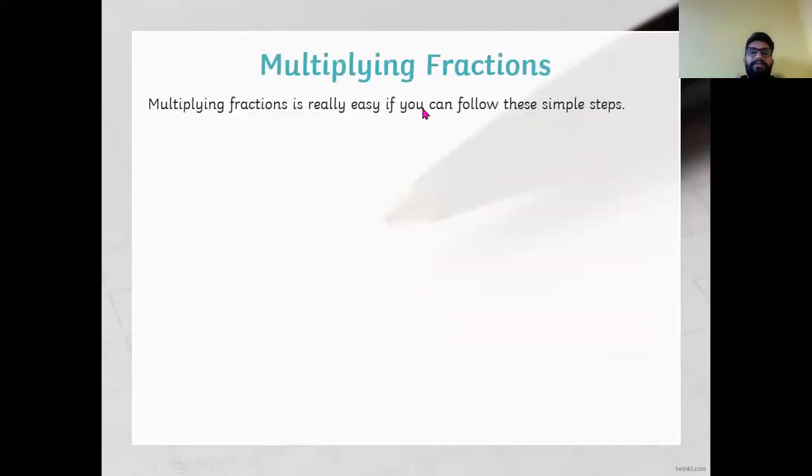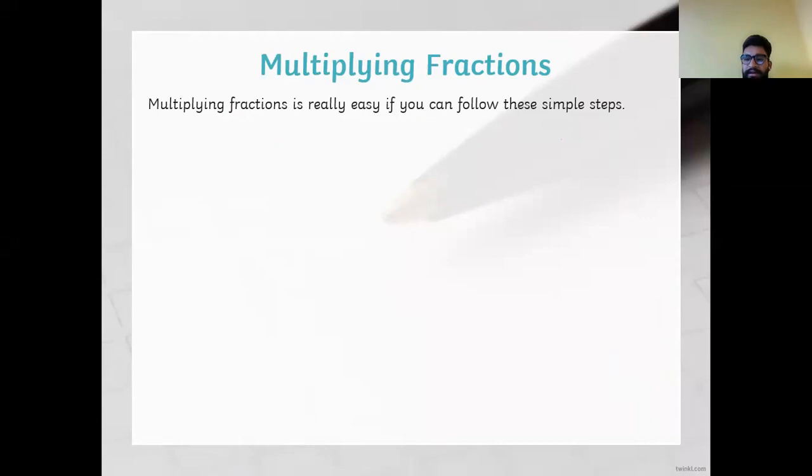So now, how to multiply fractions? First try to understand. Multiplication of fractions is also very simple, like addition and subtraction. In addition and subtraction, we have to find the LCM, but in multiplication there is no need to find even the LCM. Directly we can multiply.